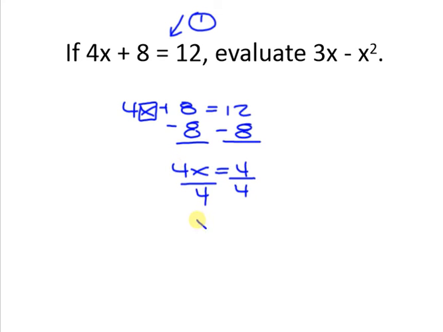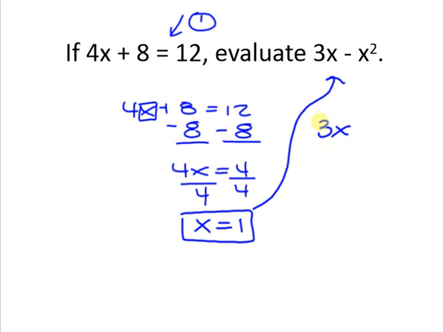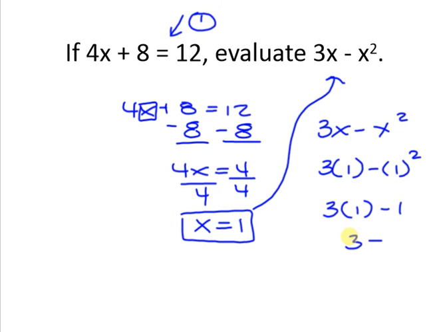Divide by 4. X equals 1. But that's not our final answer. We need to plug it into our expression. 3x minus x squared. So 3 times 1 minus 1 squared. Order of operations tells us to do this exponent first. So 1 squared is 1 times 1, which is 1. So then 3 times 1 is 3. 3 minus 1 is 2.